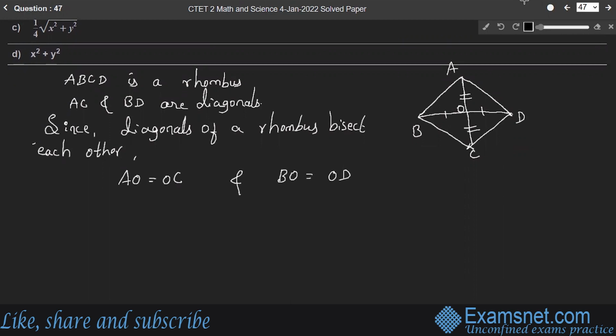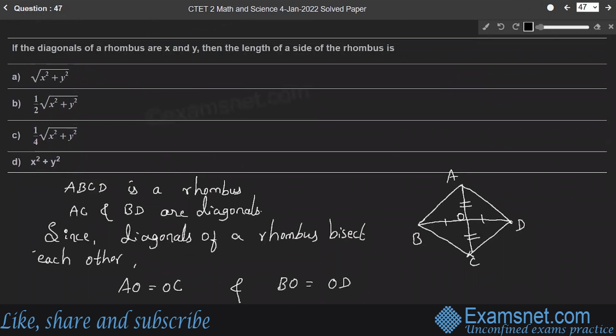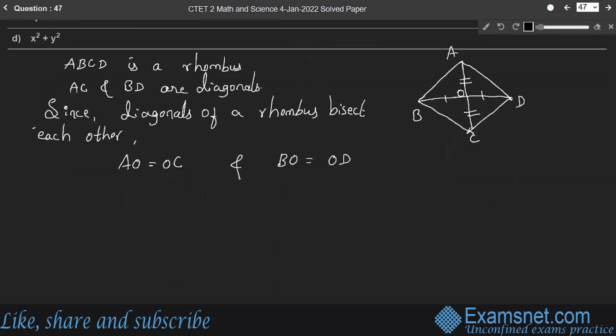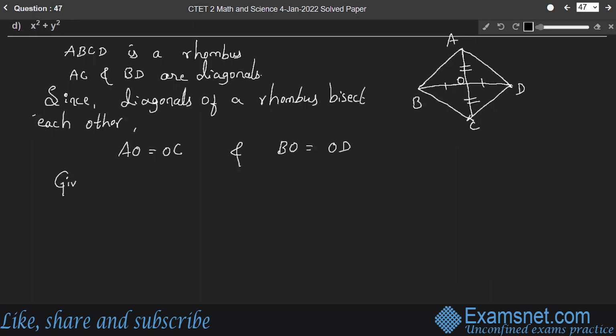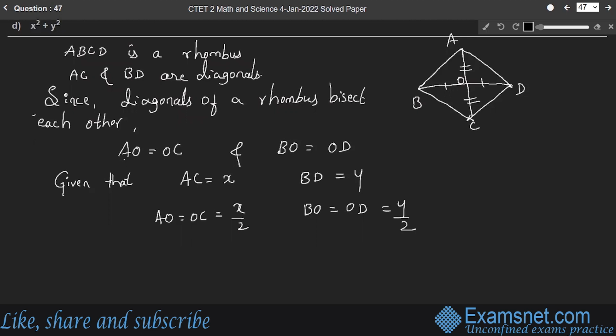Here x and y are diagonals of the rhombus. Given that, if we consider AC as x and BD as y, then AO is equal to OC is equal to x by 2 and BO is equal to OD is equal to y by 2. So AO is x by 2, OD is y by 2.